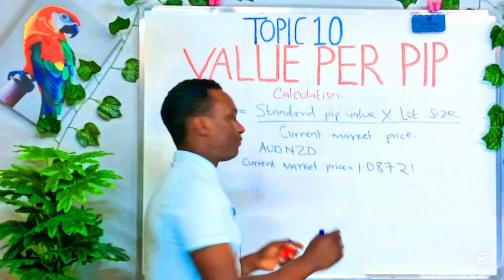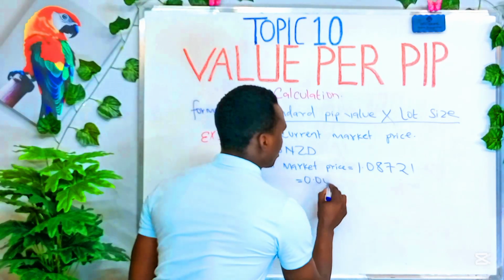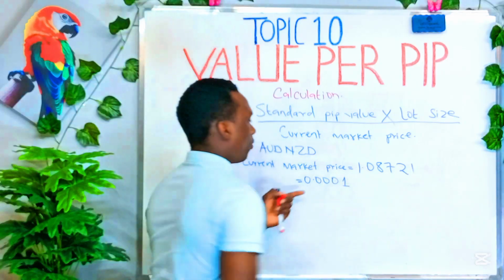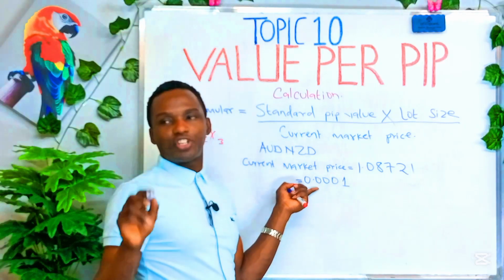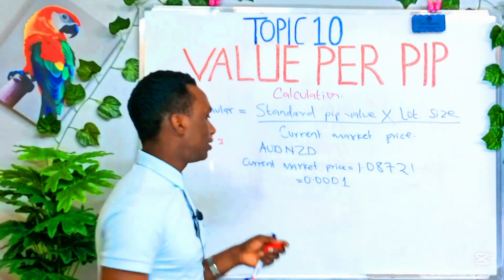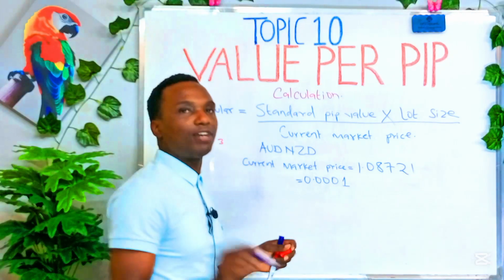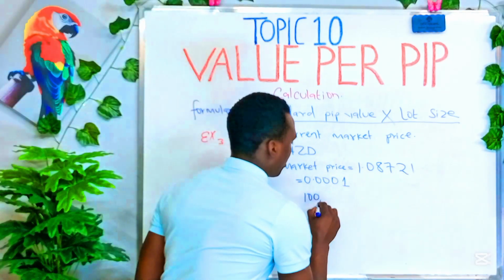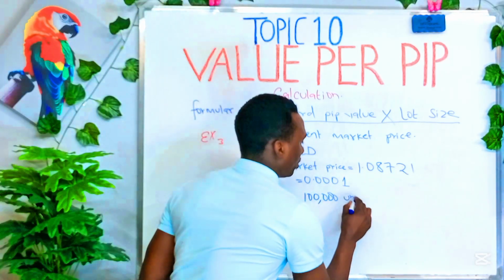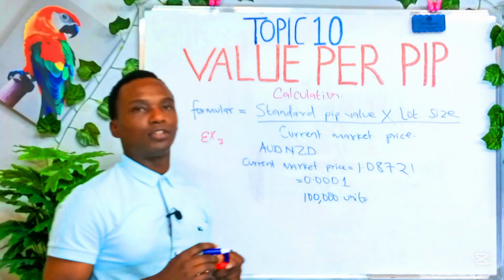What is the standard pip value? 0.0001. Why? Because it is a non-JPY pair. All right? What is the standard lot value? 100,000 units. All right? Yes. Good.